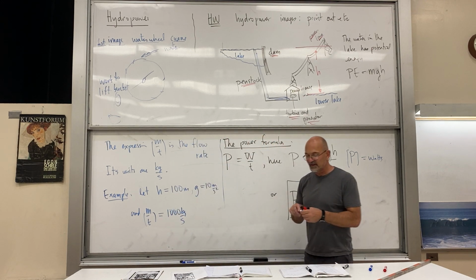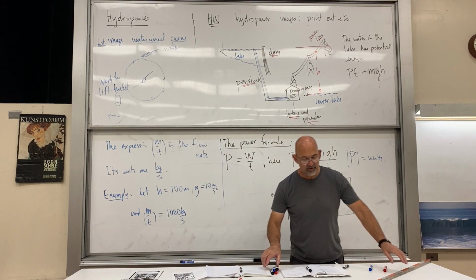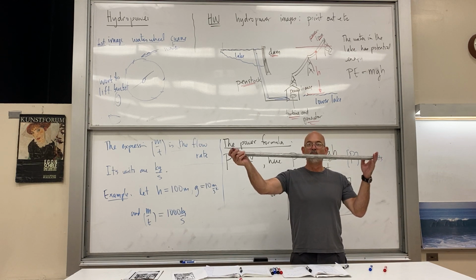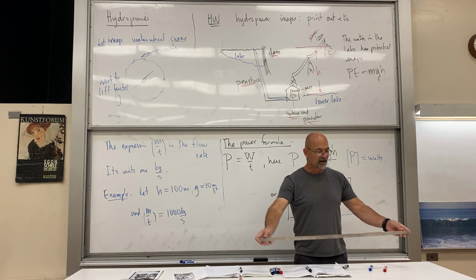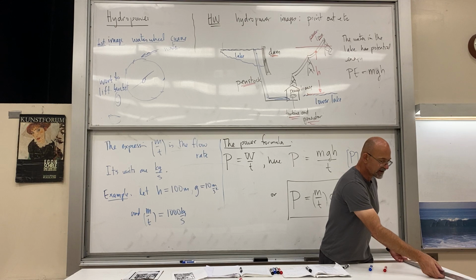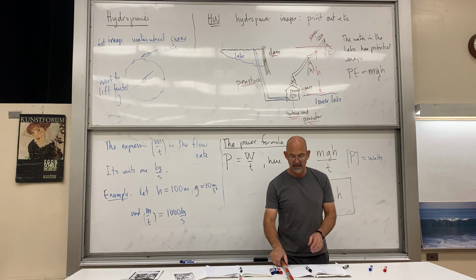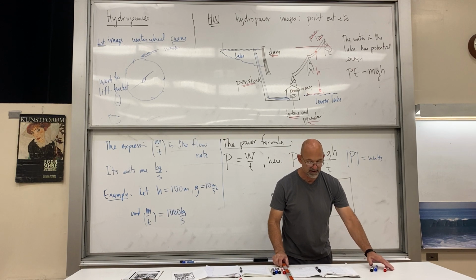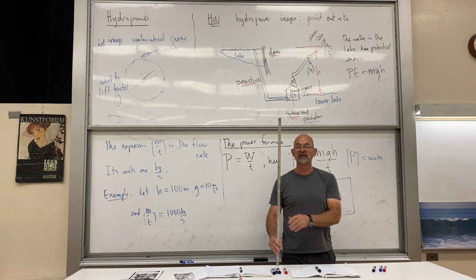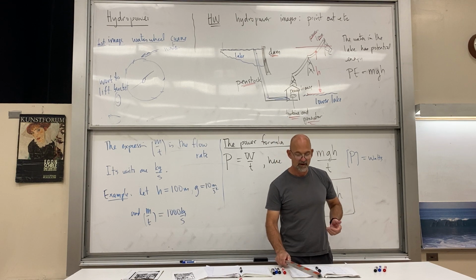Now, 1,000 kilograms of water is the water that fits into 1 cubic meter. So you've got a box roughly the width of this desk, up a meter. You're looking at a cubic meter of water per second.